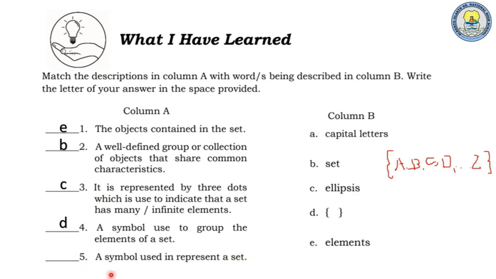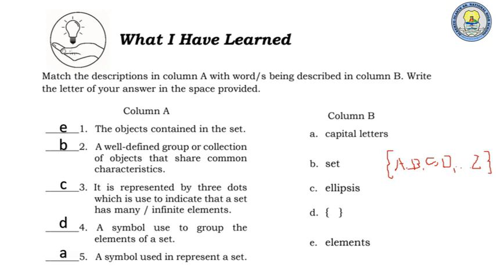Number 5. A symbol used to represent a set. What is your answer? Wala nang ibang answer, kundi ang letter A. Capital letters. Sa ating set, may nag-represent dyan kung anong gagamitin natin na letter for our set.